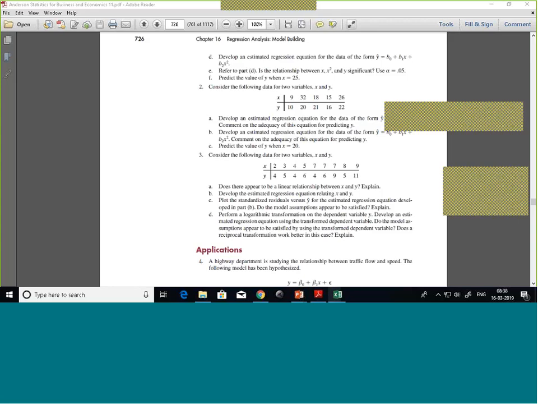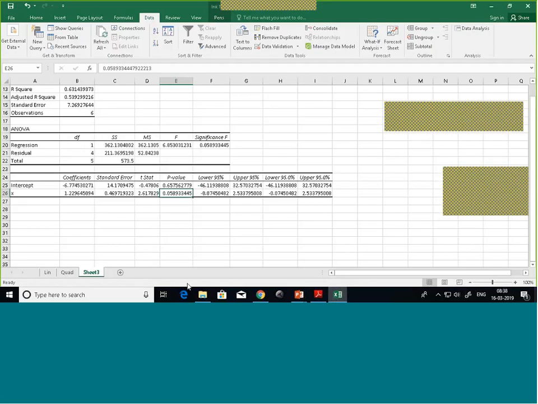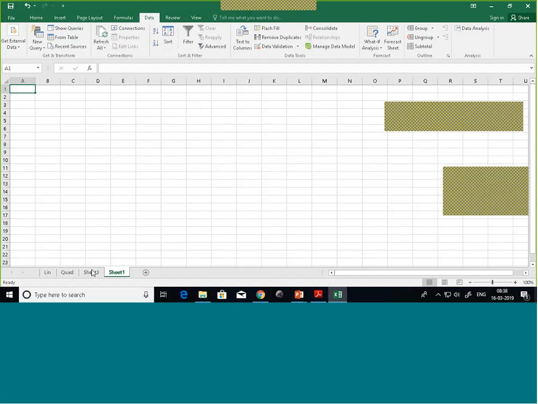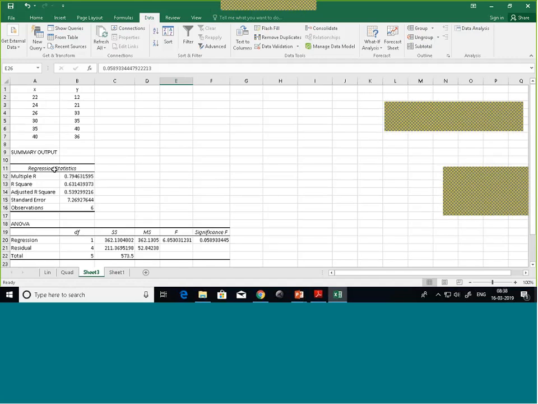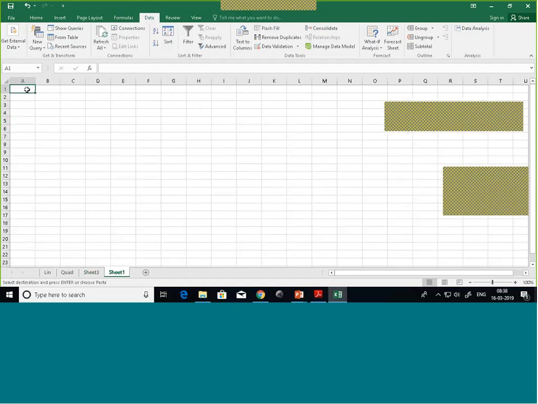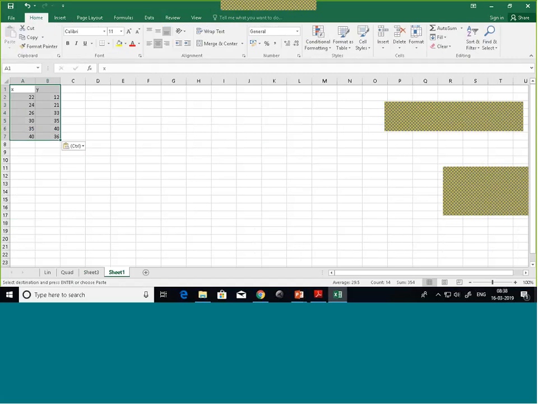So what I am doing is going to a new page. The same data I am copying and pasting here.